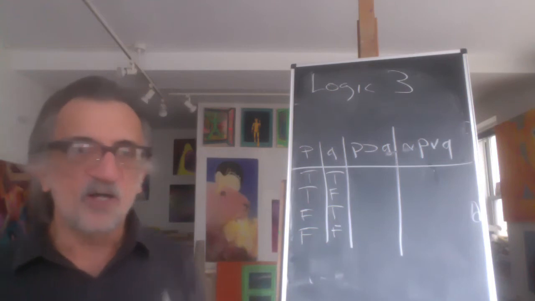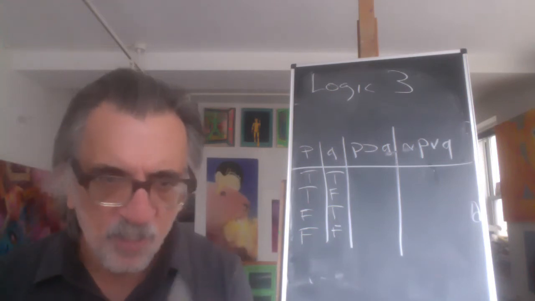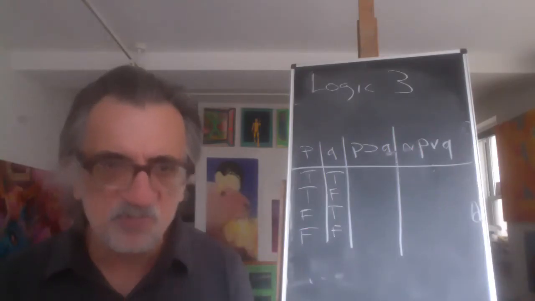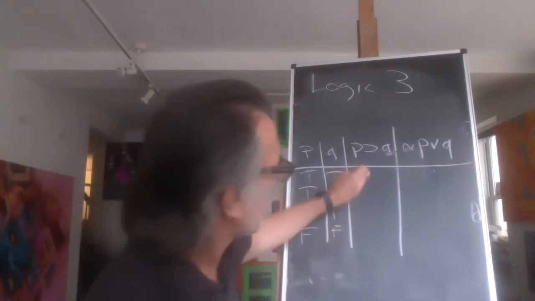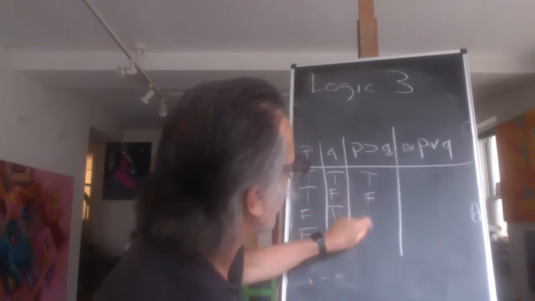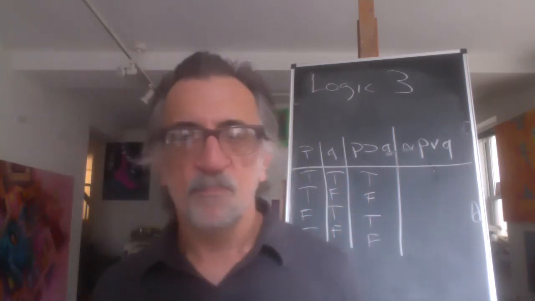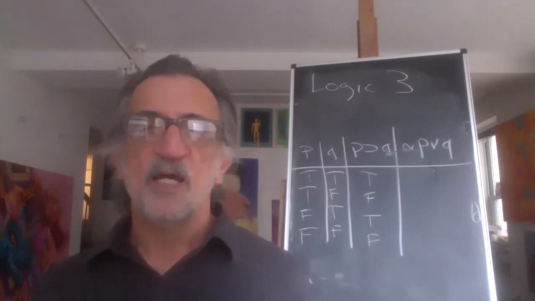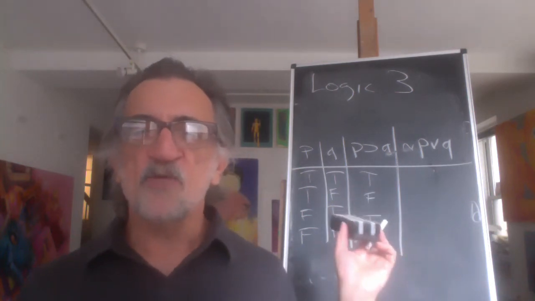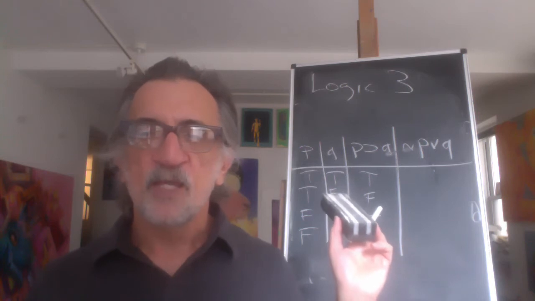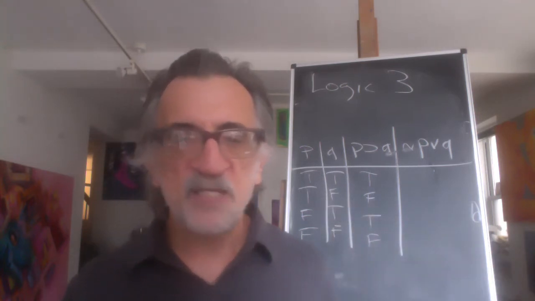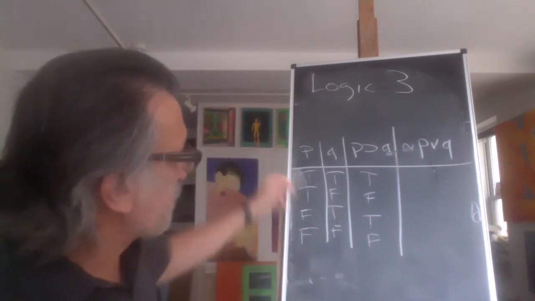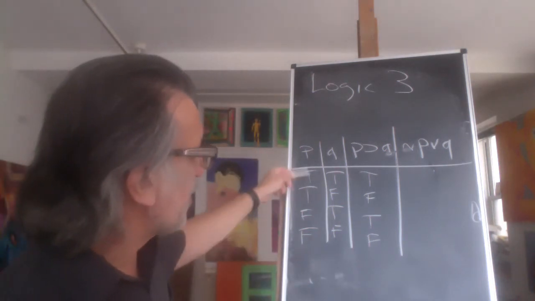That is, it's false only when the antecedent is true and the consequent is false. Now, I think you can quickly see how we can produce a column of truth values for not P or Q. Not P, of course, is just the negation of P here.